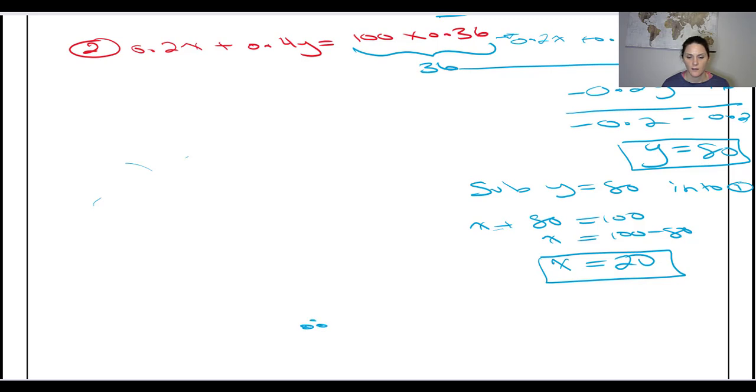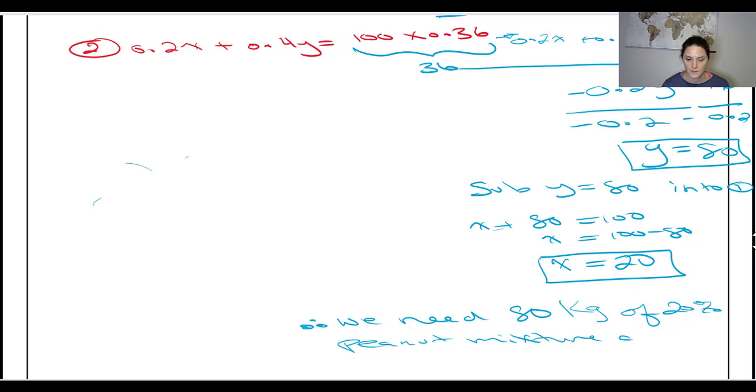So therefore, we need 80 kilograms of the 20% peanut mixture and 20 kilograms of the 40% peanut mixture.